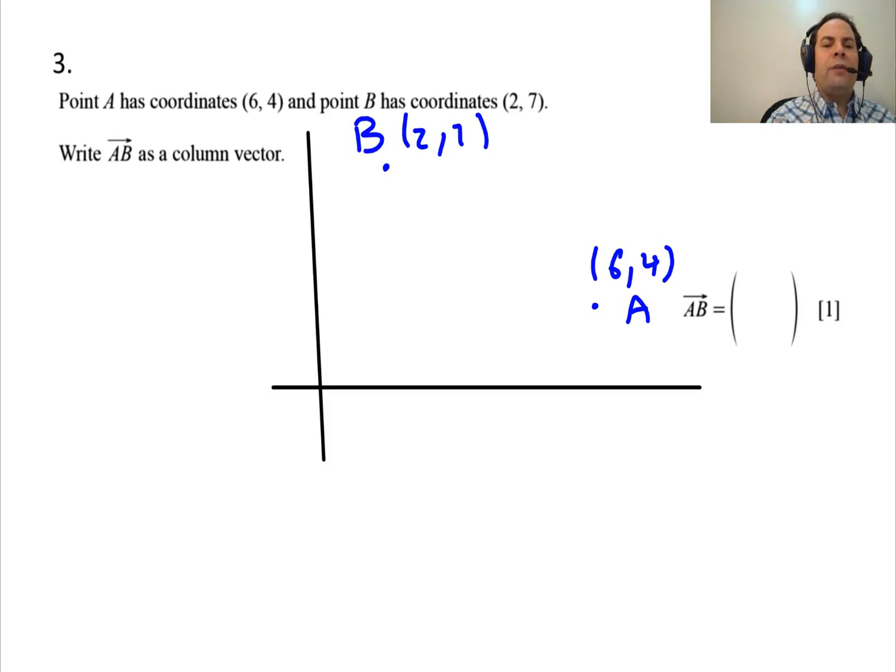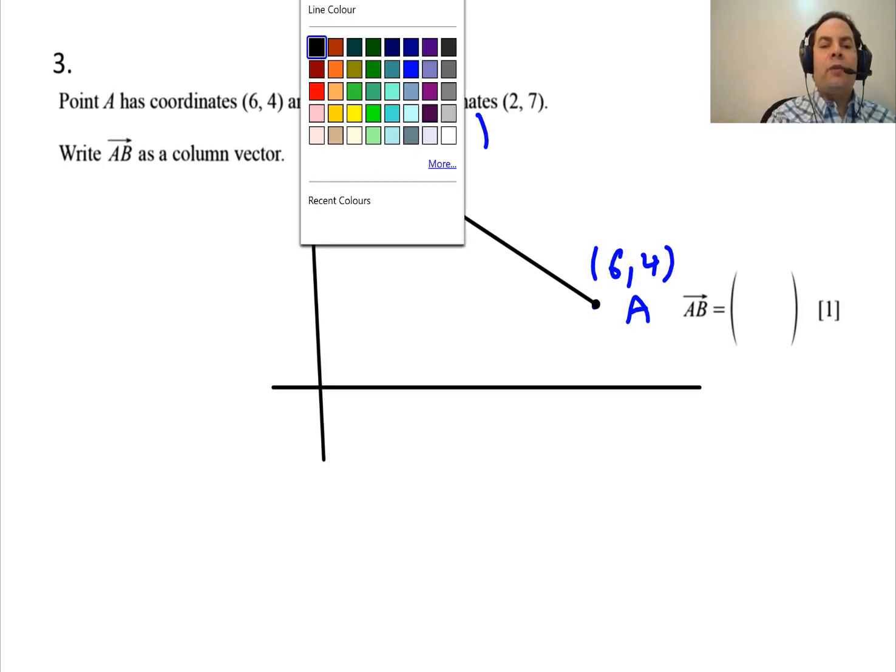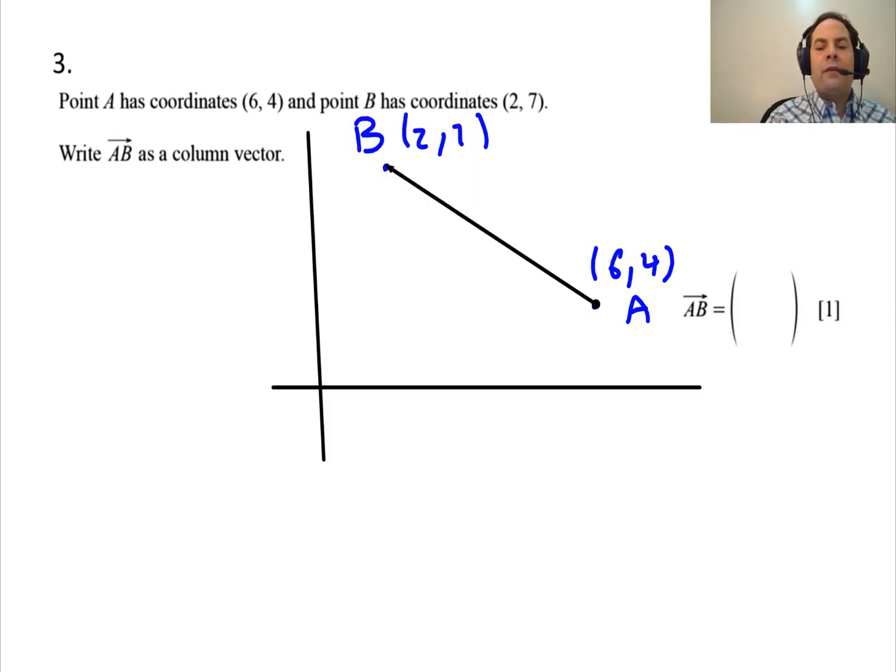Now the vector AB, its starting point is A and end point is B. So now how to move from A to B? Let us start to move from A to B. From A to B, move horizontally first, go to the left hand side, then go up.